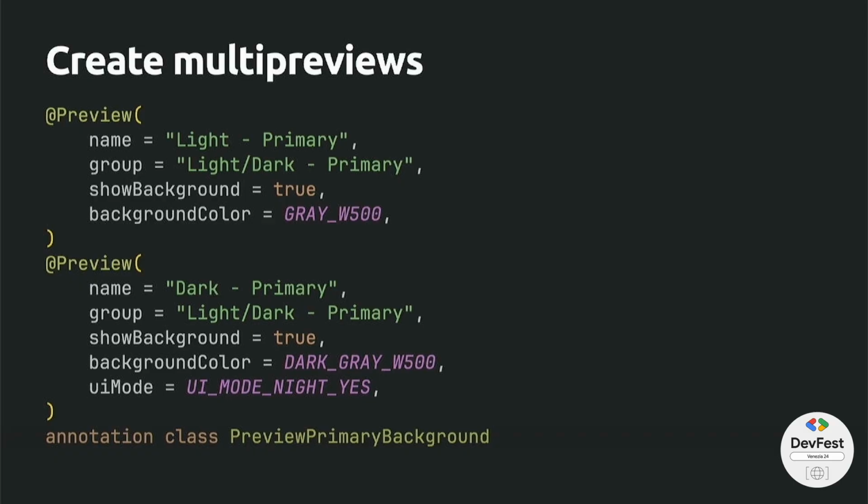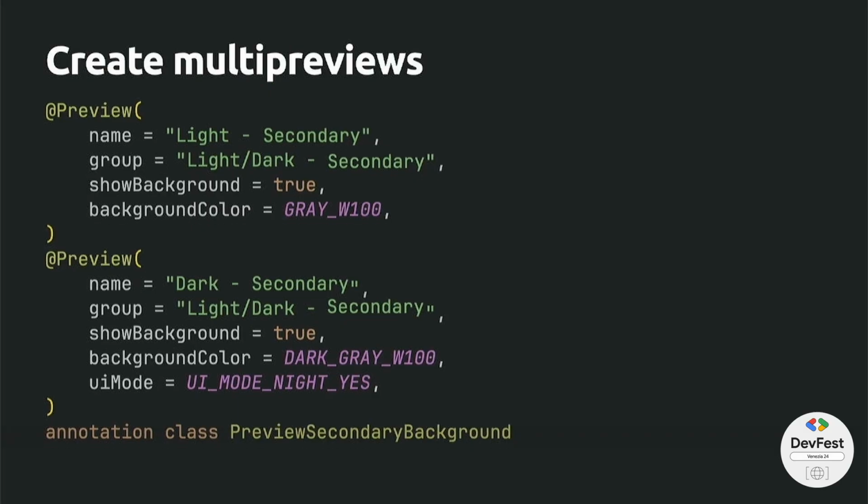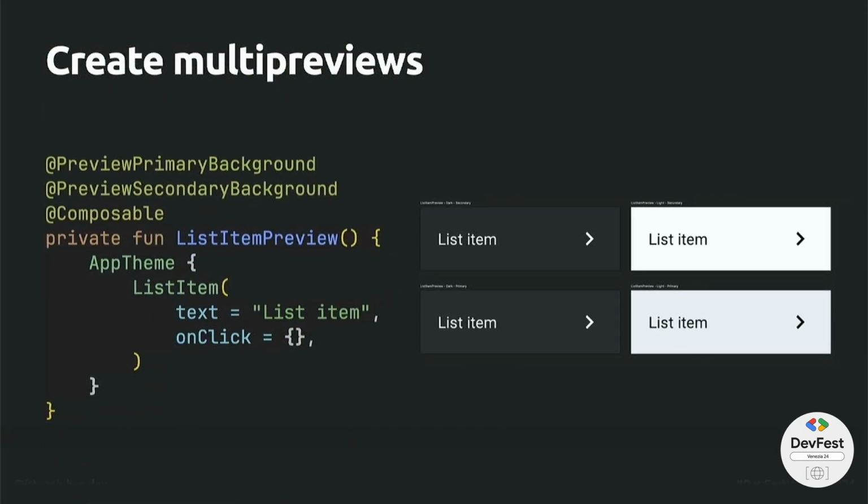It's called PreviewPrimaryBackground, which collects the primary background variants into one annotation. We have another one for the secondary, which is called PreviewSecondaryBackground. And if we slap those two new annotations on our preview function, we get pretty much the same result, the two sets of previews rendered there.